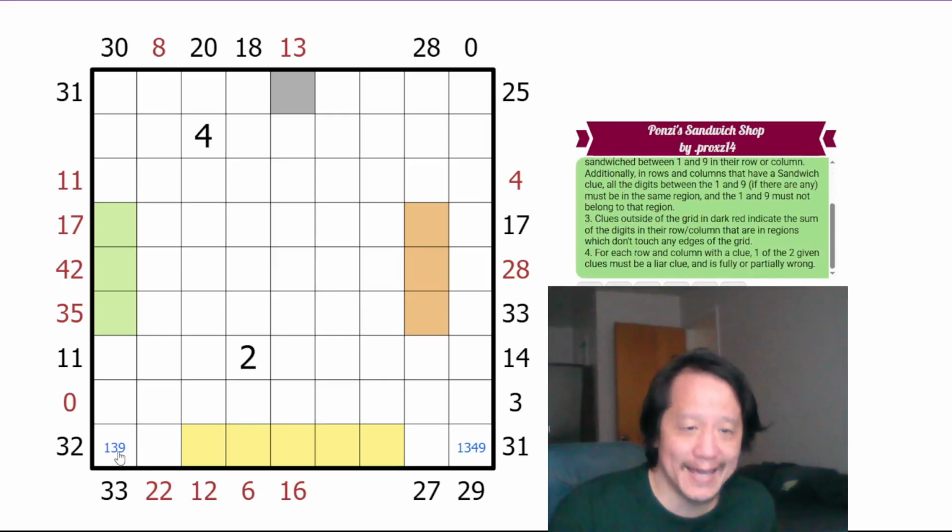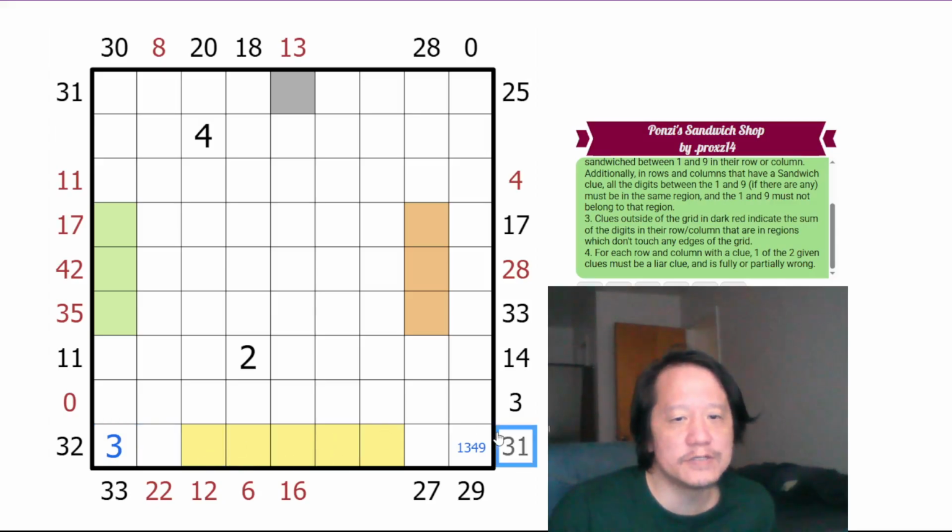So this must then be something else, which is a 3. That means these have to be the 1 and 9 outside. That's interesting. So this is full region here. This is a separate region here.